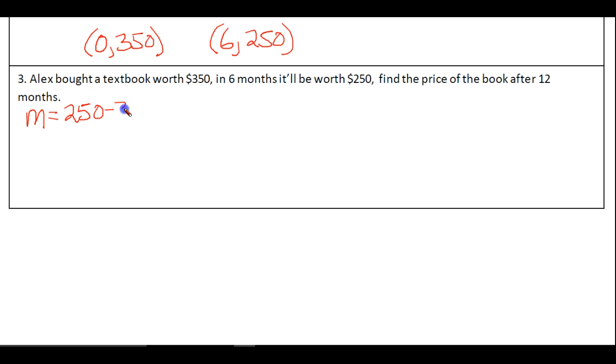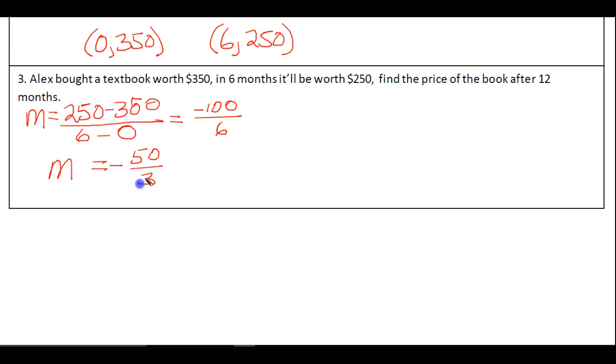250 minus 300 divided by 6 minus 0. So this is going to be 350 here, actually. That's better. So it's going to be a negative 100 over 6. Now, since this doesn't go evenly, I would just divide both by 2, and I would get from my slope a negative 50/3.